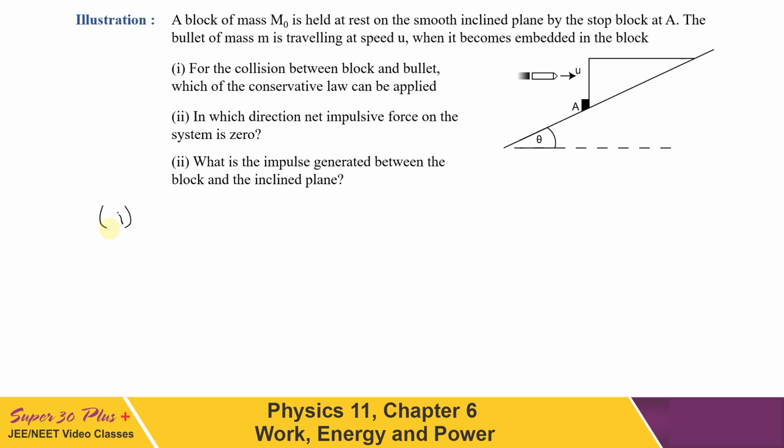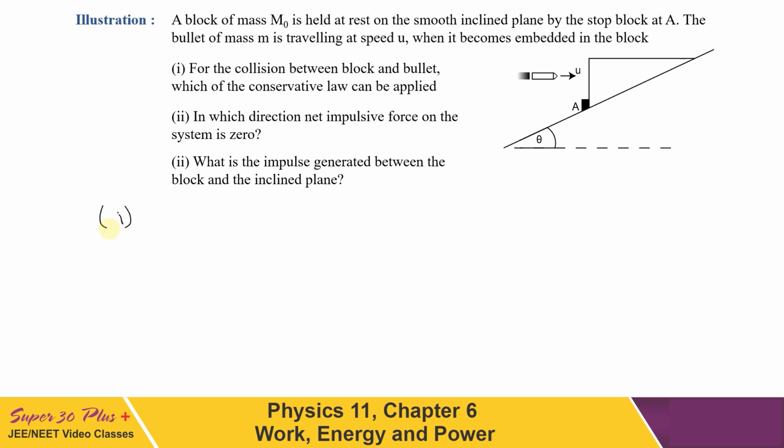Let us analyze each of these. Can it be conservation of mechanical energy? Here the block is not free to move along horizontal or vertical direction. It can move only along the inclined surface when the bullet collides. Jerk or impulse will be provided by the inclined surface. So we cannot write conservation of linear momentum in horizontal or vertical direction.